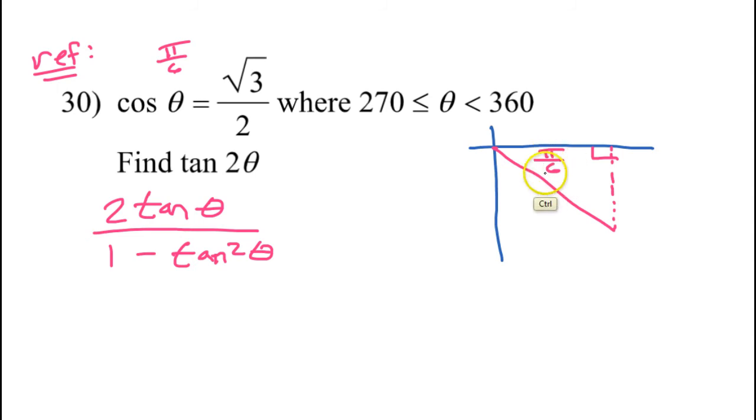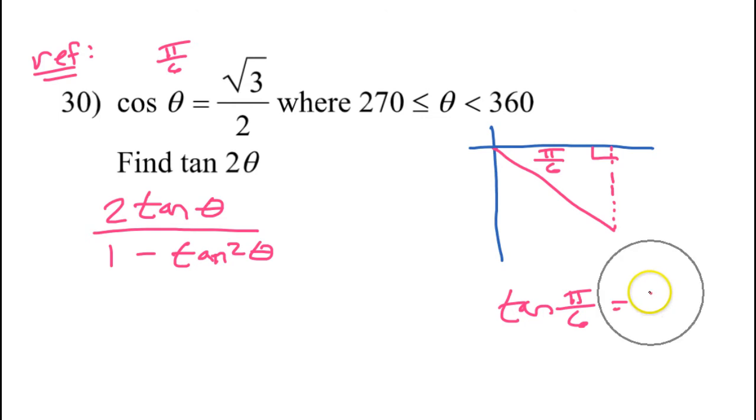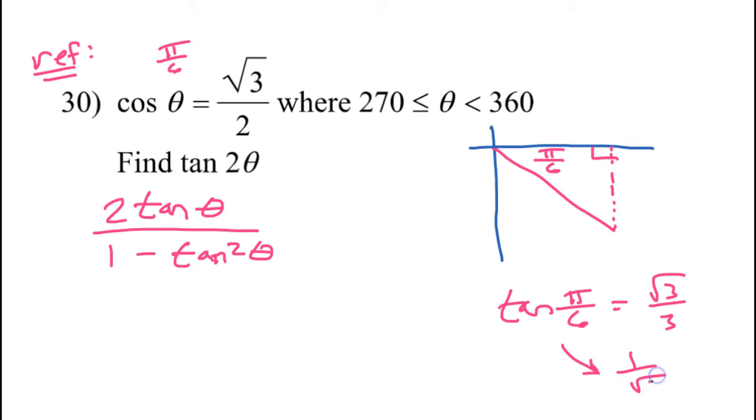Well, the reference angle is pi over 6, and I know the tangent of pi over 6 is radical 3 over 3. Sometimes I call this 1 over radical 3, same thing.